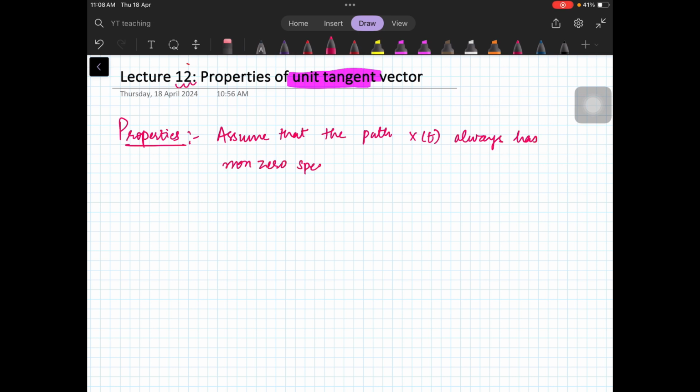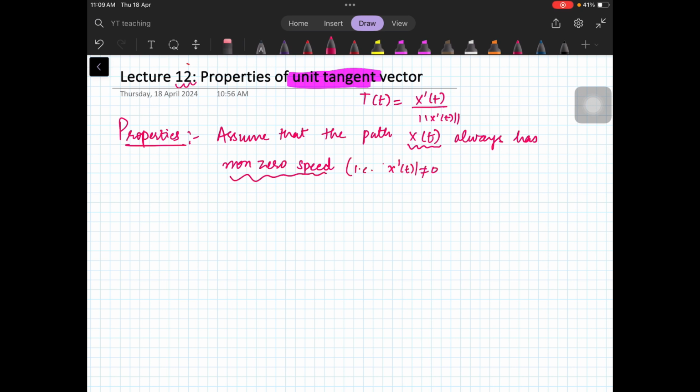This is only for everything to make sense, because the unit tangent vector is defined as x prime t upon modulus of x prime t. It will make sense only when x prime t is never 0, that is, the path has non-zero speed.